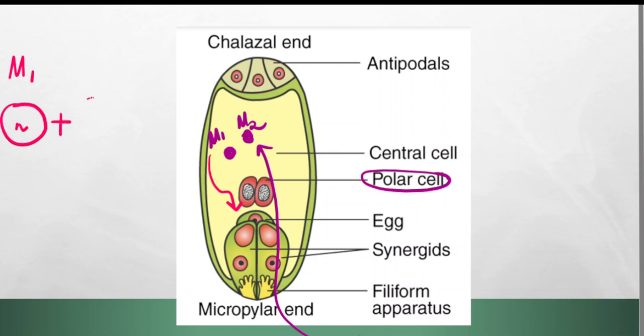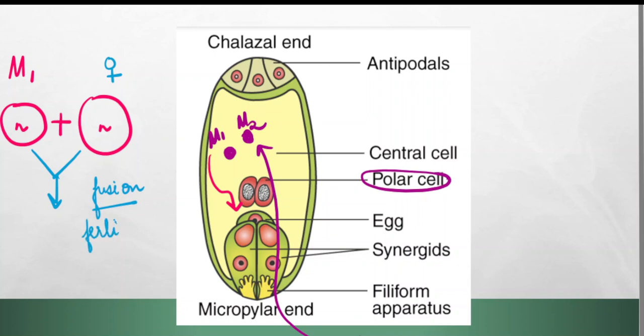It went and fused with the female gamete. This is the female gamete. They both fused. This fusion is known as fertilization.